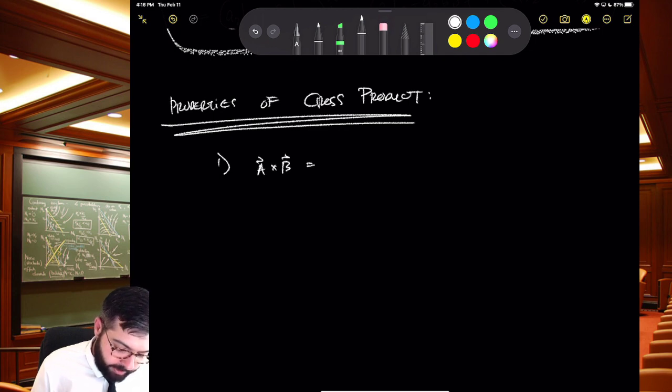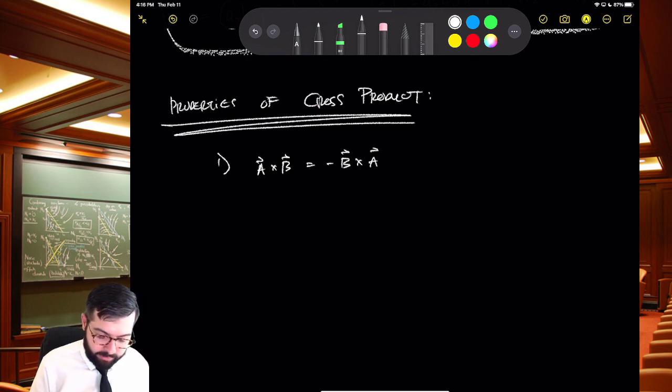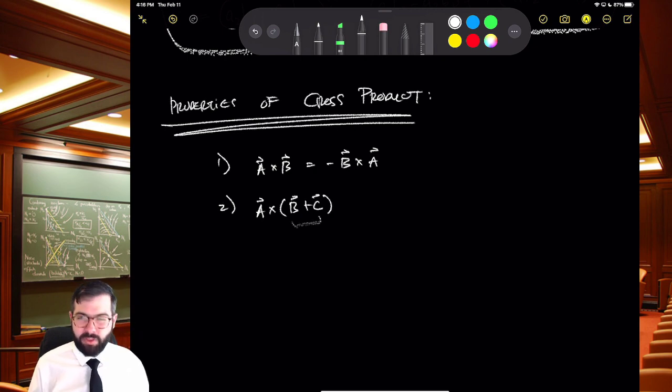A cross B is the same as the opposite of B cross A. Very important. A cross B plus C. So again, vector sum results in what? Vector, right? A vector sum results in a vector. You just add the components together.